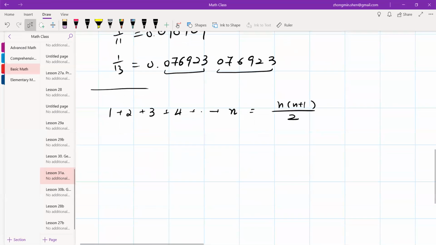And sometimes it shows up in the following picture. If you put oranges in the picture, like 1, 2, then 1, 2, 3, so increasing every time by 1. Suppose you have 9 layers, how many circles are in there?